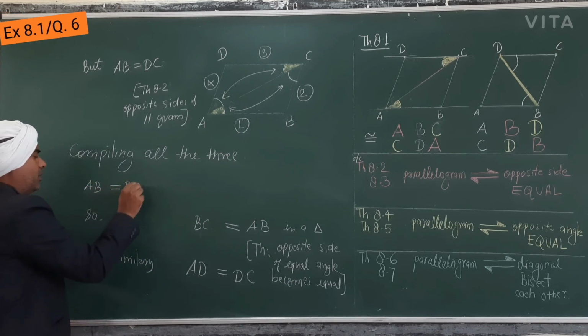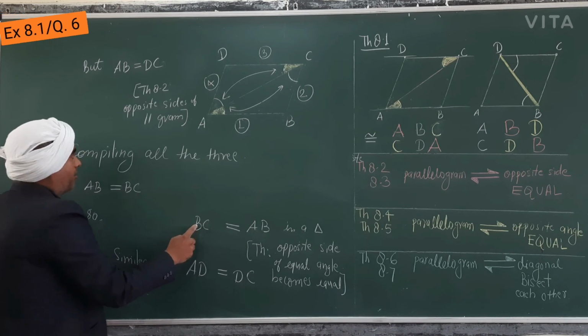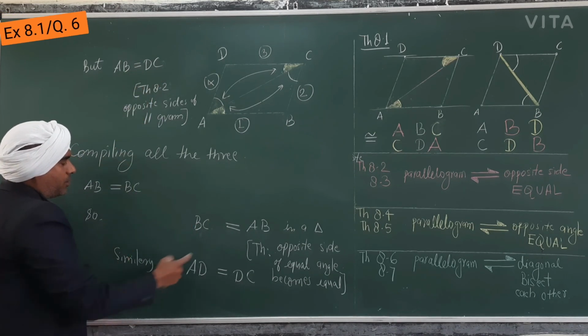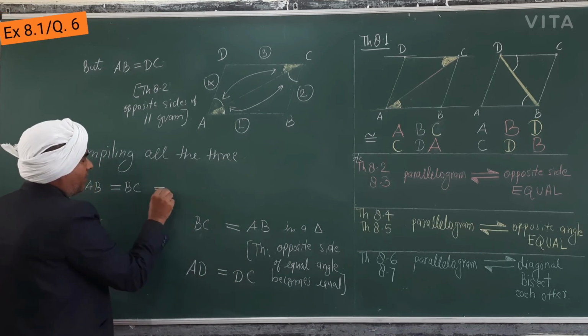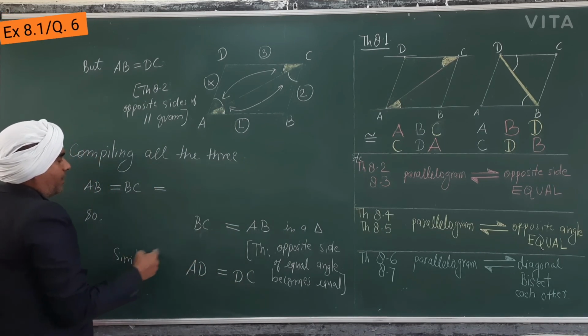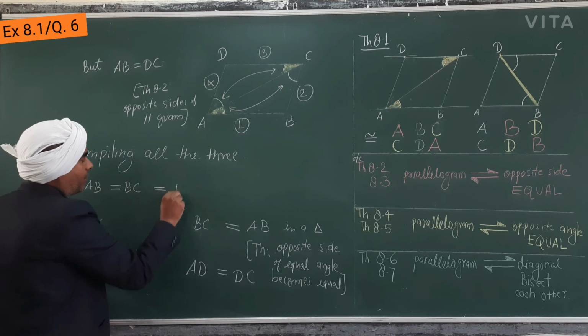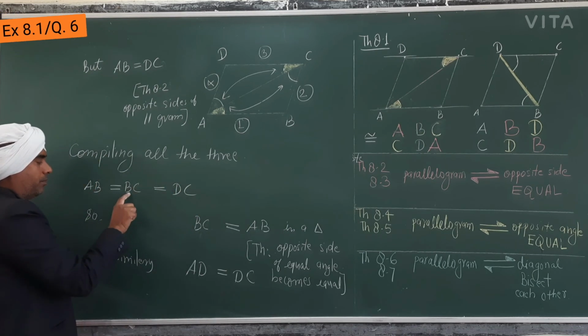AB is equal to BC, but AB is equal to DC also. AB is equal to BC, but AB is equal to DC, means AB is equal to DC. So BC is equal also.